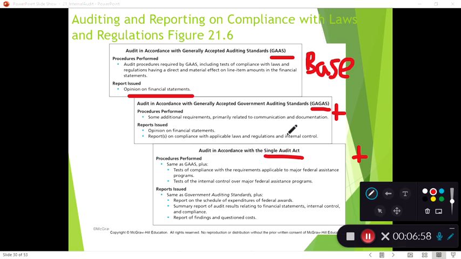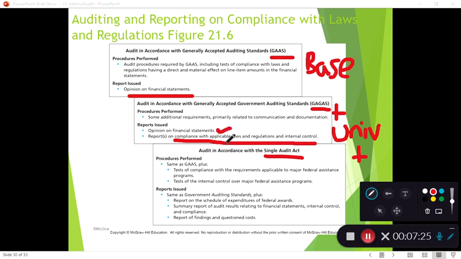But then, if there are certain laws and regulations, so you have a governmental entity, or a university, for example, that gets government funds, then they're going to have to deal with not just the financial statement opinion.